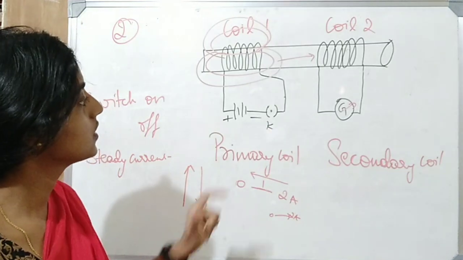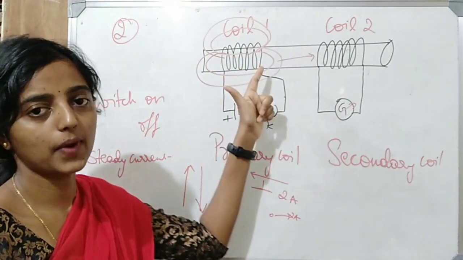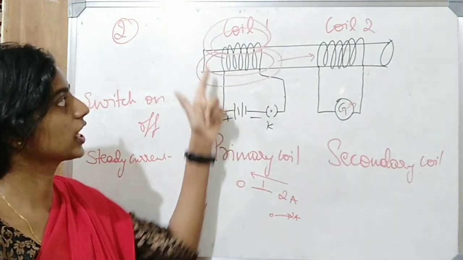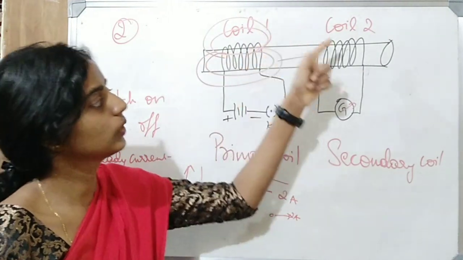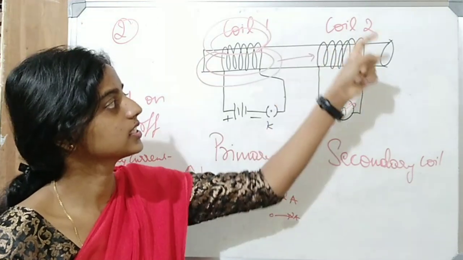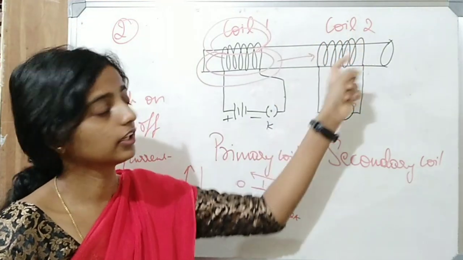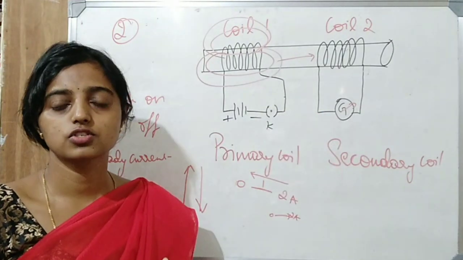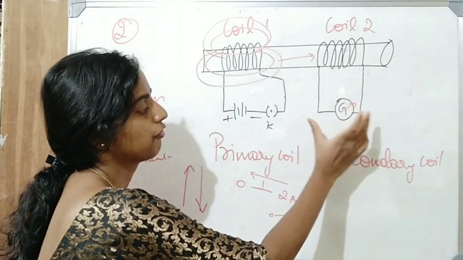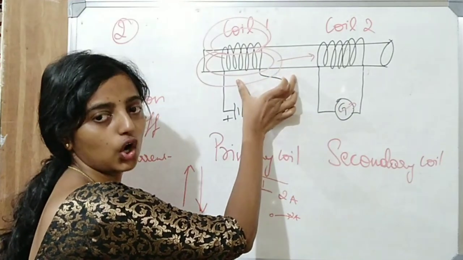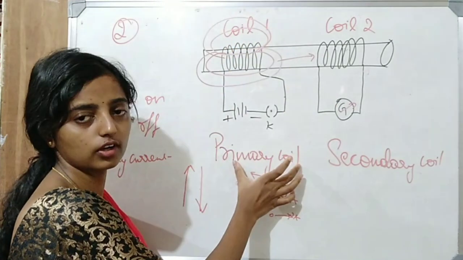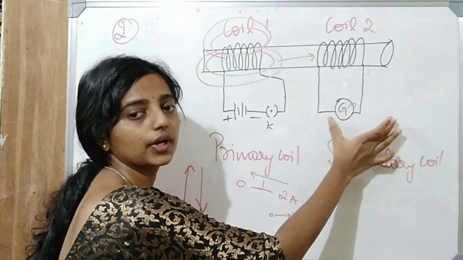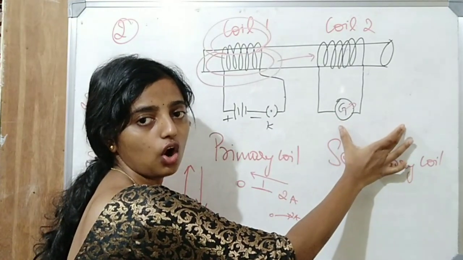So what happens when a current is passed in this coil, magnetic field lines are produced and there will be change in magnetic field lines, and this will link with this coil, and again we observe different magnetic field properties, and it will produce induced current. So coil 1 is called the primary coil, right? From the primary coil, induced current will be produced in the secondary coil.